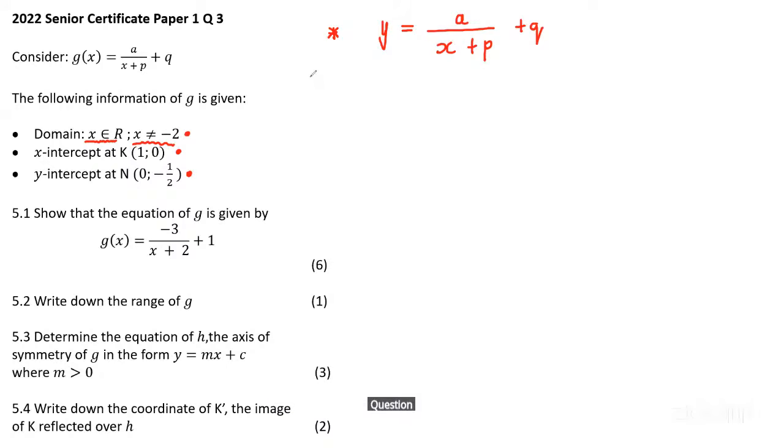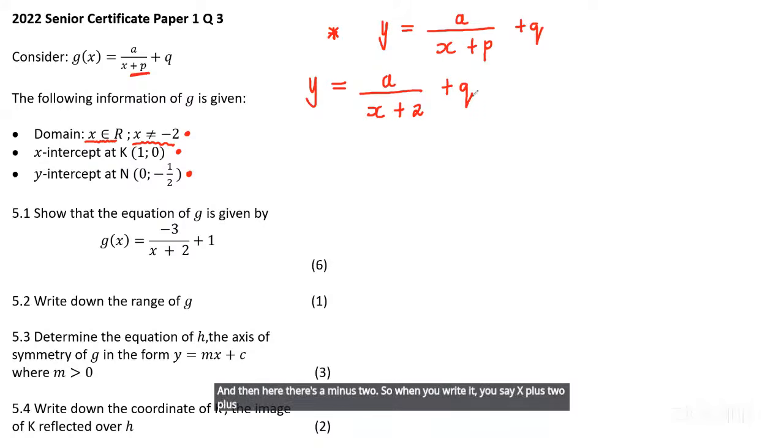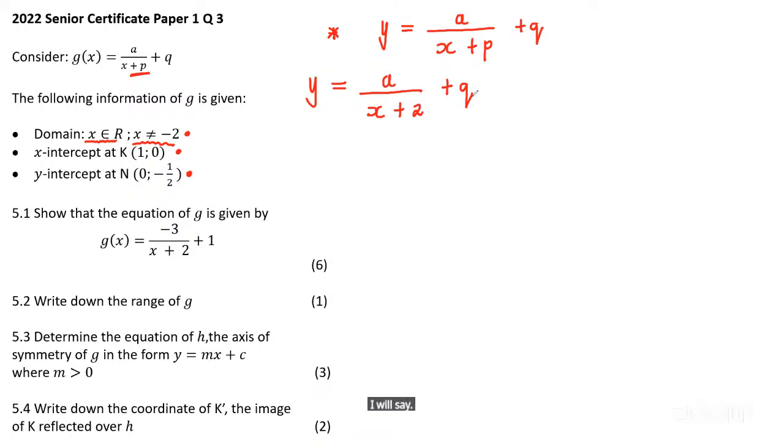So you're going to say y is equal to a over, now it's x plus p, and here there's a minus 2. So when you write it, you say x plus 2 plus q. I will say, yebo, I'm there. It says to me, y is equal to a over x plus 2 plus q. But why are you saying plus?